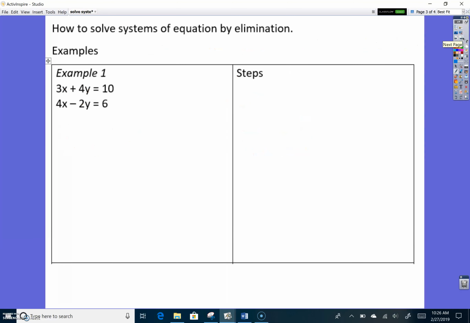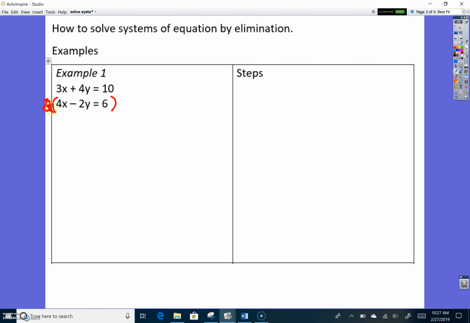Alright, the first thing that you want to do is what's called elimination. We're going to try to eliminate one of the variables. If you look at this, all the numbers are different, but right here, there's a 4 and a 2. I can make this 2 into a 4 by multiplying everything by 2.